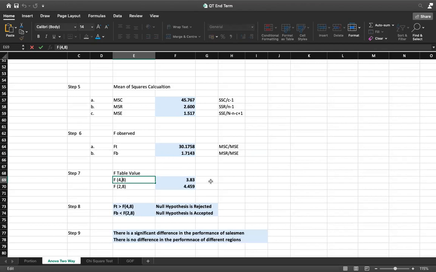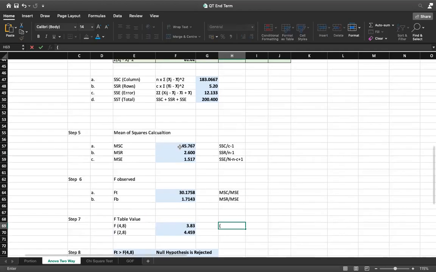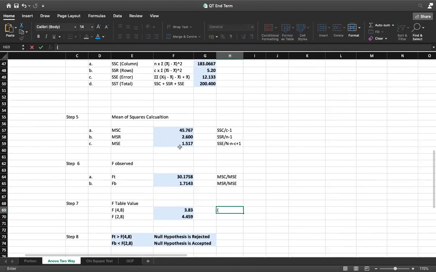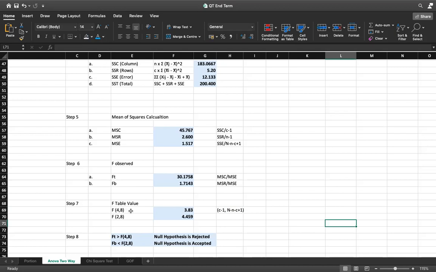It is C minus 1, comma, N minus C plus 1. So this is 5 minus 1, which is 4, and 15 minus 5 minus 3, that will give you 7. 7 plus 1 is 8. So this is how you get your F4,8.